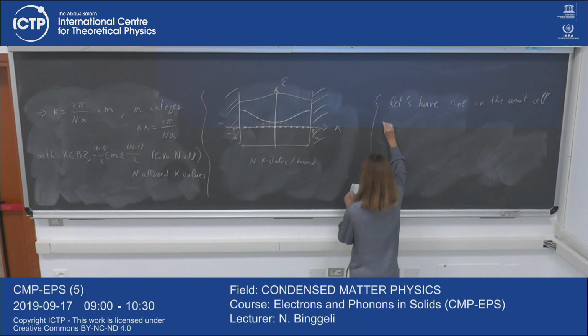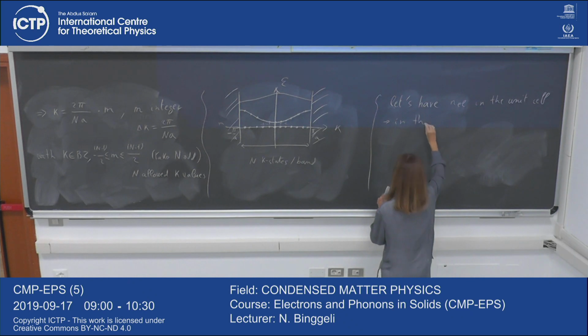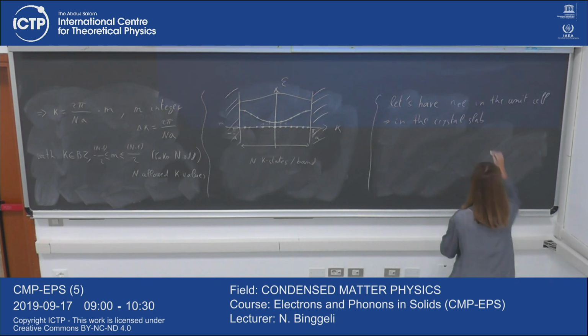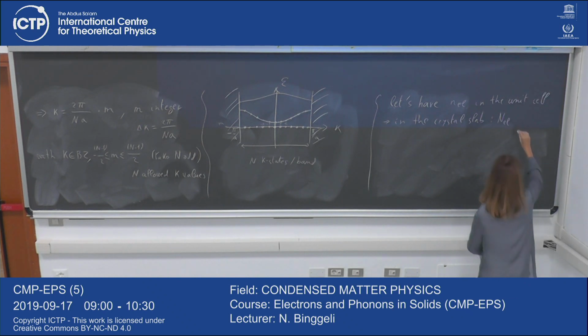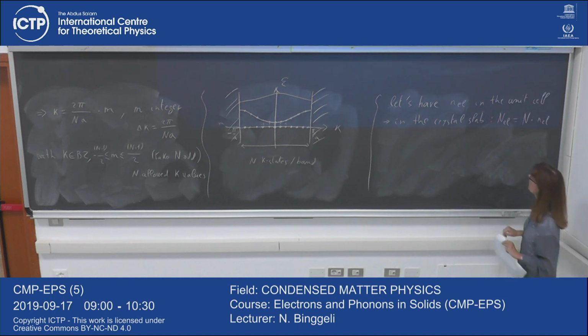So in the slab, in my finite piece of crystal, in the crystal slab, I will have exactly capital N, which is the number of unit cells, times n electrons. Okay?